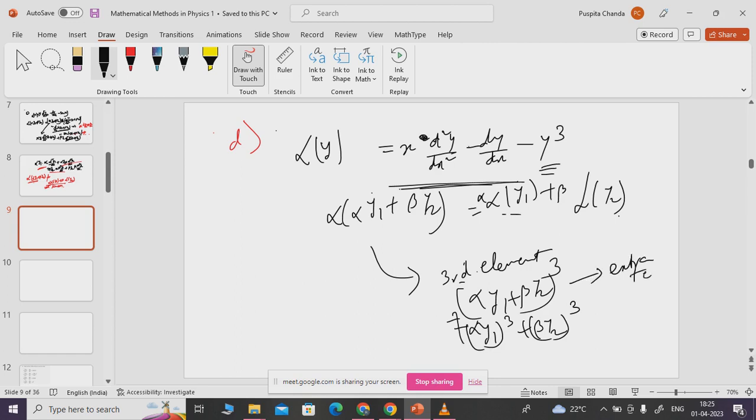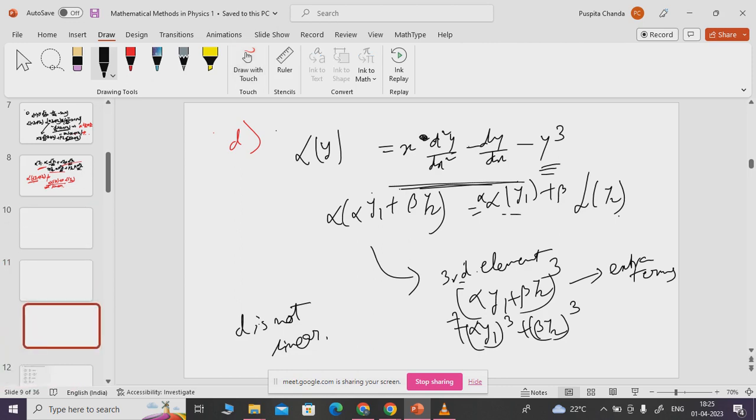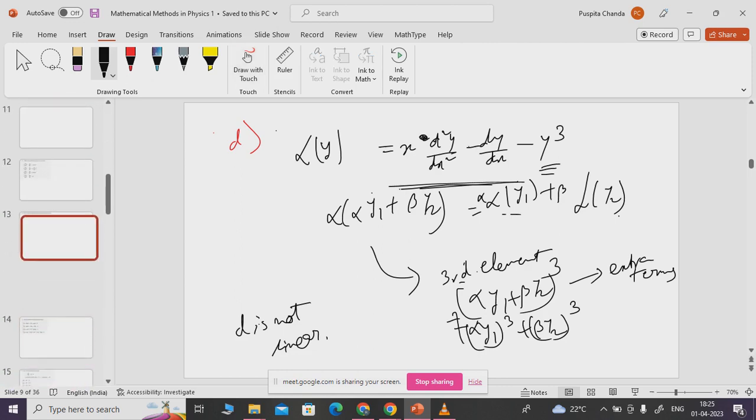It does contain extra terms. So even D is not linear. Only the option A is linear.